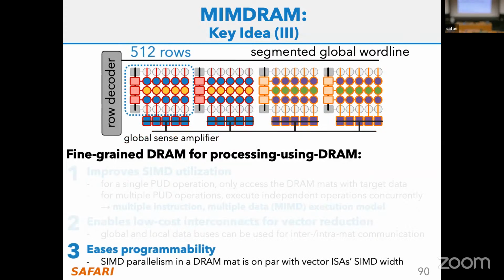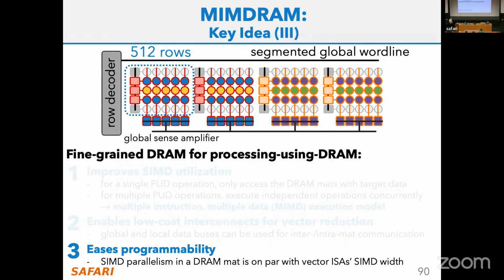Another thing that this gives is a nice property, because as I mentioned before, these mats usually have 512 rows and 512 columns. It just turns out that this is also the number of SIMD lanes that you have in vector ISAs. Like if you have AVX512 in your Intel processors, this 512 means that you have 512 lanes, which is exactly the number of lanes that you have over here.